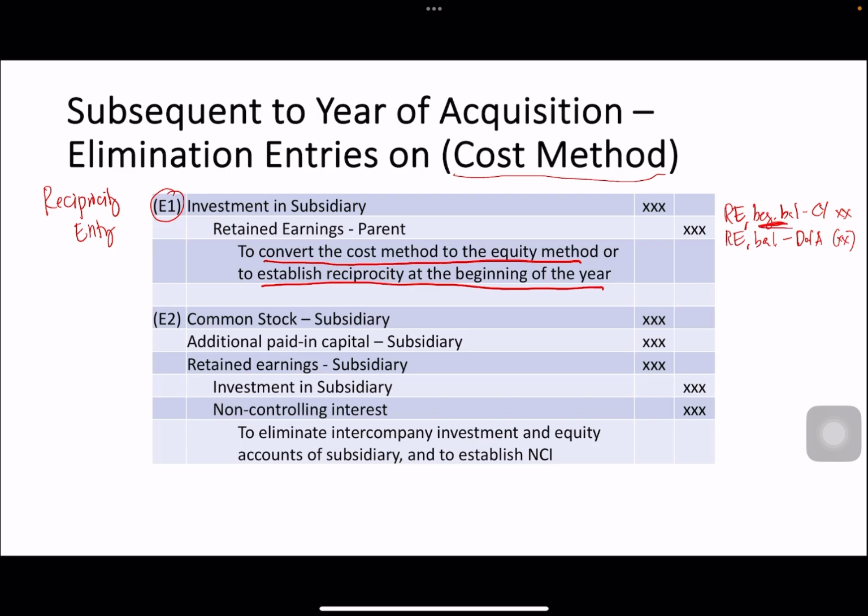And for the second amount, we should use the balance of the retained earnings on the date of acquisition. The difference between these two amounts multiplied by the parent's interest is the amount recorded in the reciprocity entry.